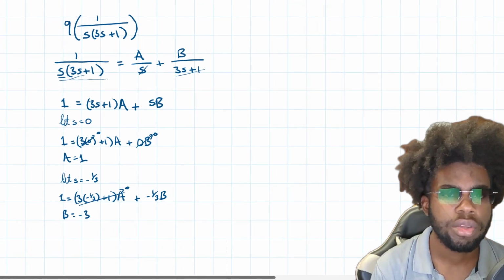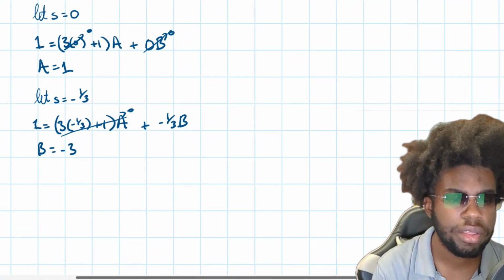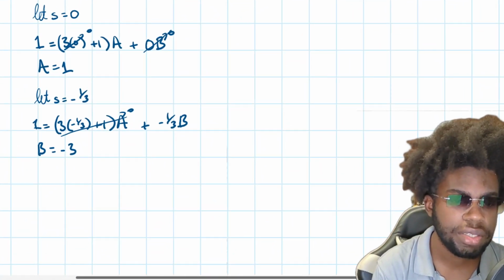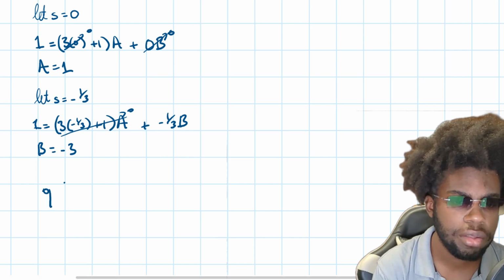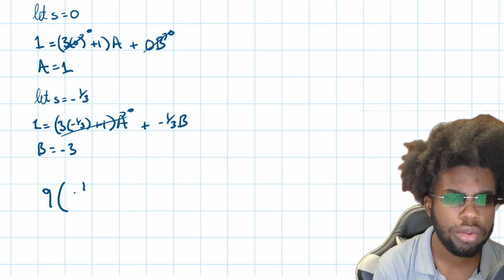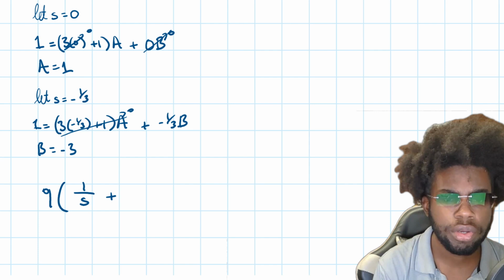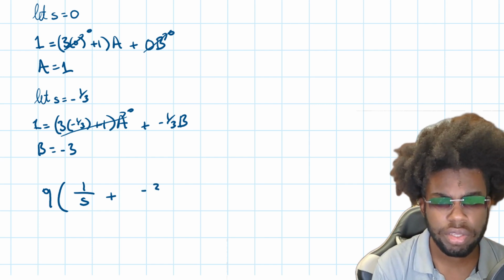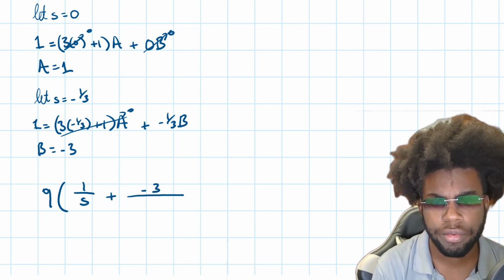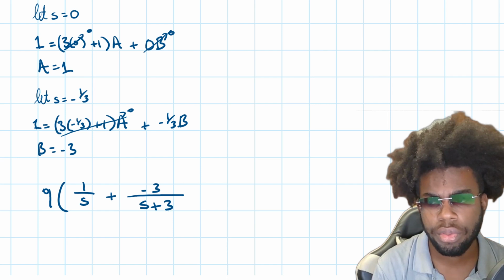Cool. So we can rewrite this and we can say that we're trying to find the Laplace inverse now of 9 times 1 over s plus negative 3 over 3s plus 1.